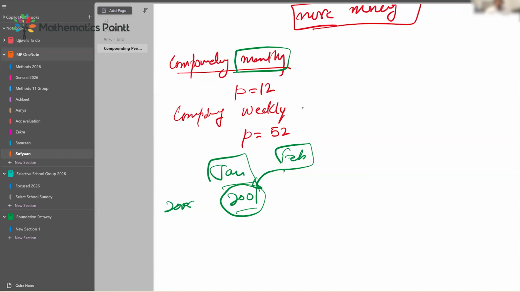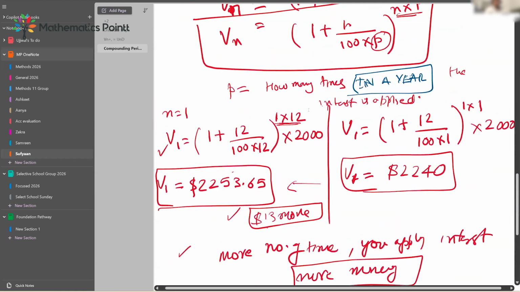It keeps incrementing. Whereas when you are compounding annually, straight away in December, you are picking the $2,000 that you started off with. So your V0 value did not change throughout the year. And the more V0 value is, the more the money grows. Why?